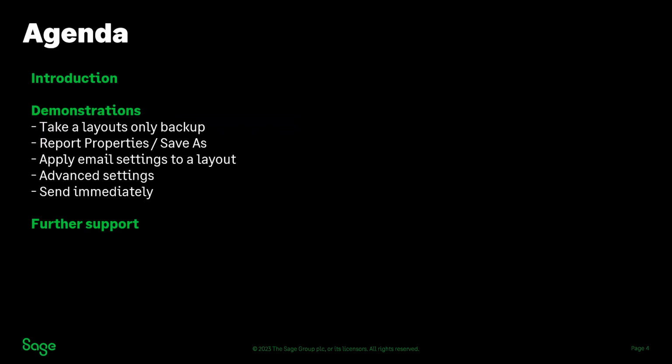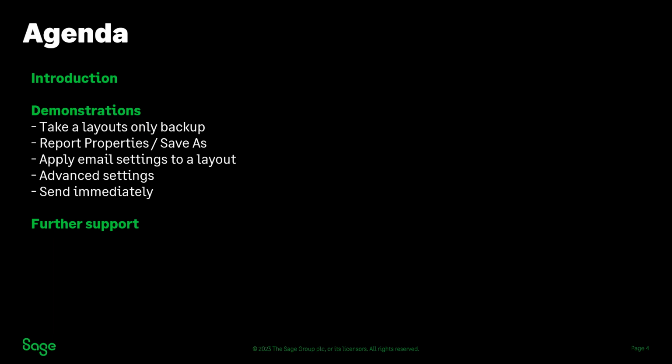Now, this is what we're going to be covering today, and hopefully everyone saw the reminder that came at about 12 o'clock advising you what we are covering and also what we're not covering in today's session. What we are covering is what's on screen. We're going to start with a little bit of an introduction to emailing out statements. We're then going to run through a series of demonstrations as well, and I've included a couple of extra bits at the beginning, as a few of the questions we got last time were touching on the very basics.